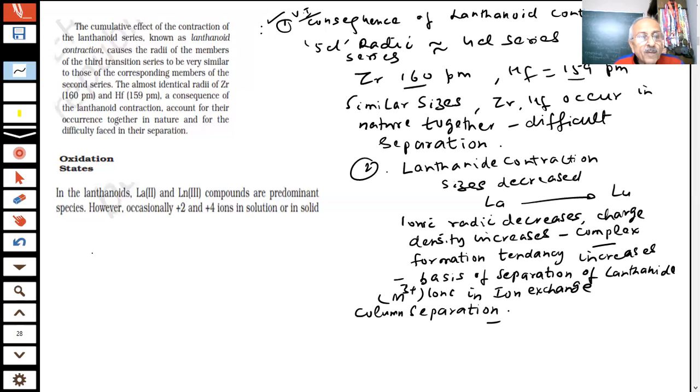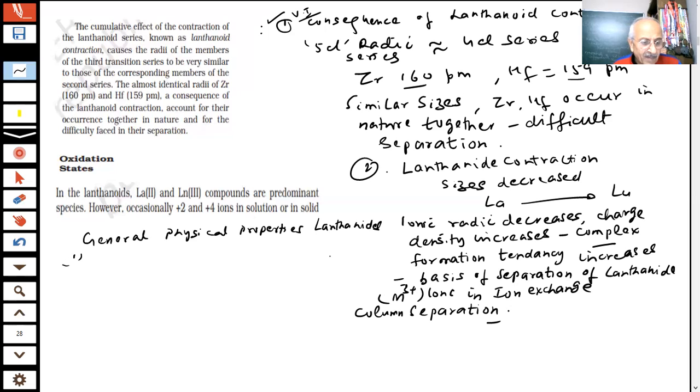So, what do you expect of the general physical properties of the lanthanides, students? One important point is their size difference is not large.